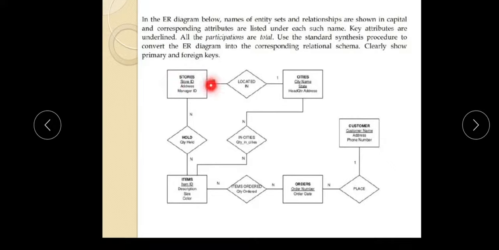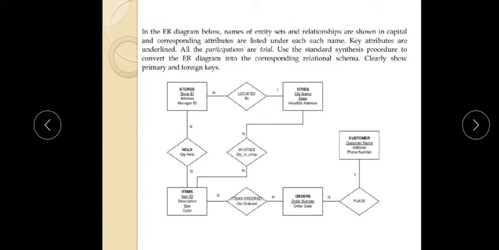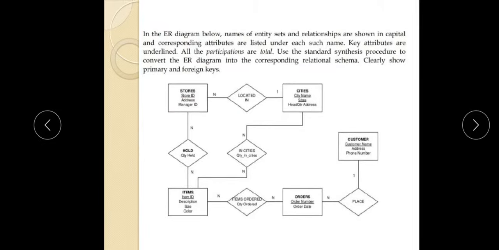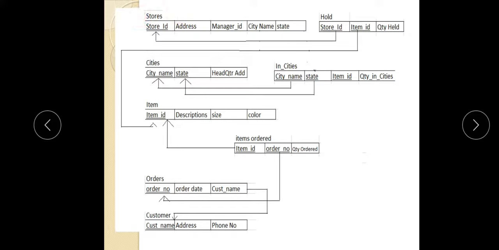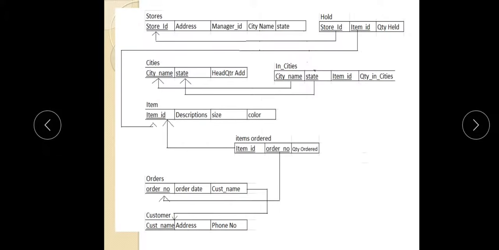The first schema, stores, must have attributes like store ID, address, manager ID, and store ID is the key attribute, so it is underlined. Next is city. City must have three attributes: city name, state, headquarter address.